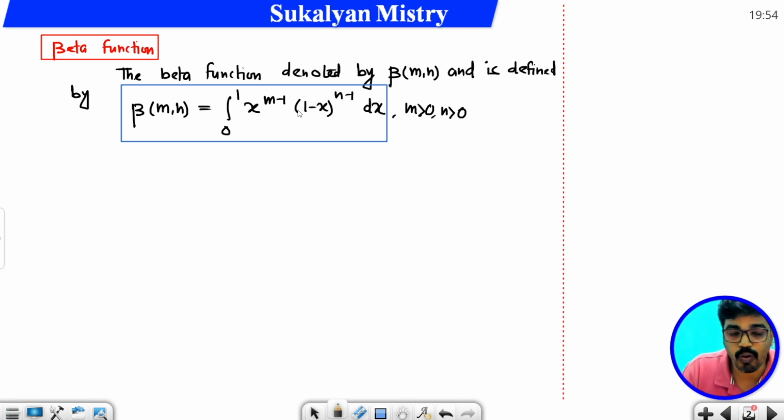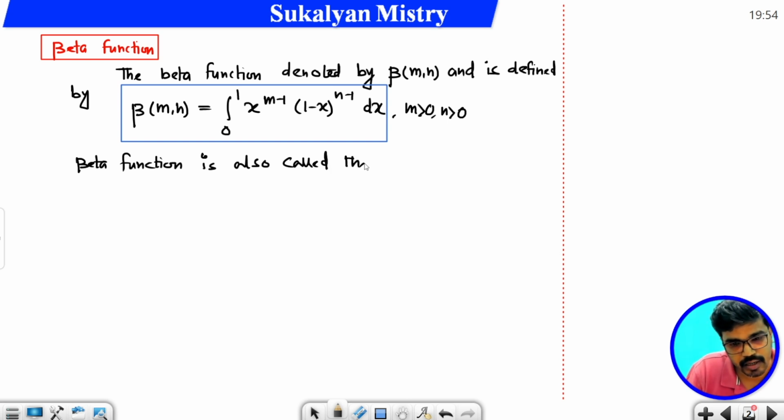Beta function is also called the Eulerian integral of the first kind.